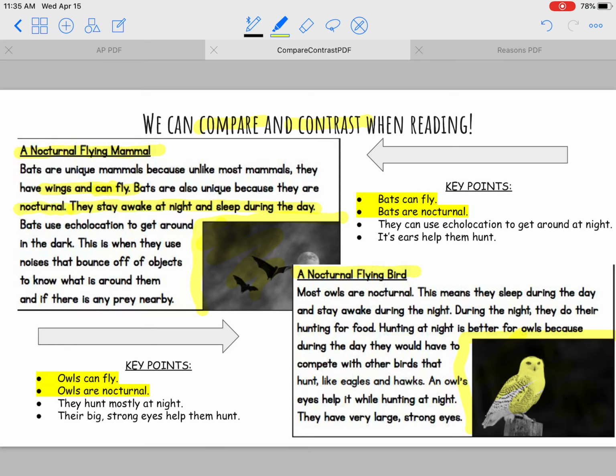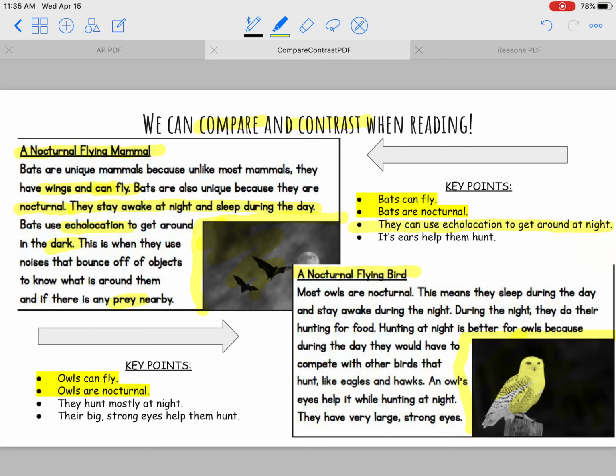Another key point in this article is that they use echolocation to get around at night. So if I go back to the passage and I highlight echolocation, I can kind of find out what this means. So it says that they use echolocation to get around in the dark, okay? This is when they use noises that bounce off of objects to know what is around them and if there's any prey nearby.